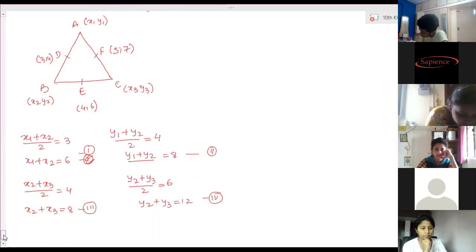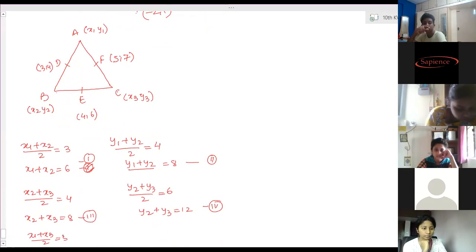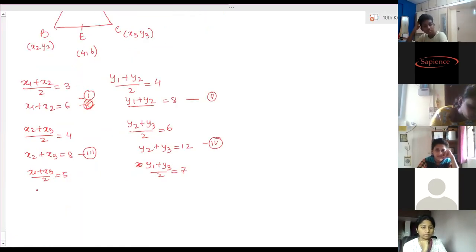Similarly, F is the midpoint of AC. So (x1 + x3)/2 is equal to 5 and (y1 + y3)/2 is equal to 7. Therefore x1 + x3 is equal to 10; this is the fifth one.